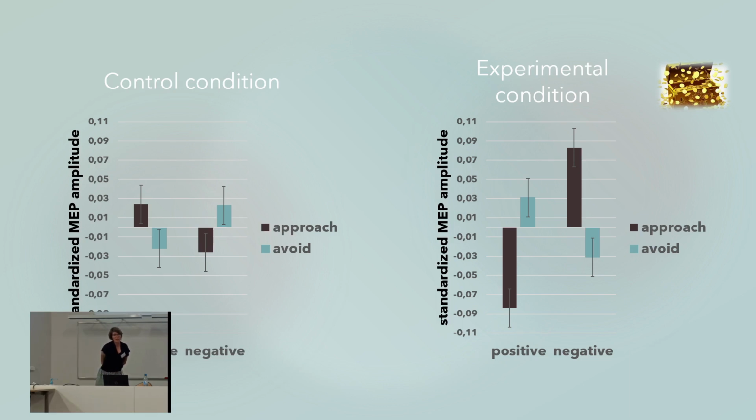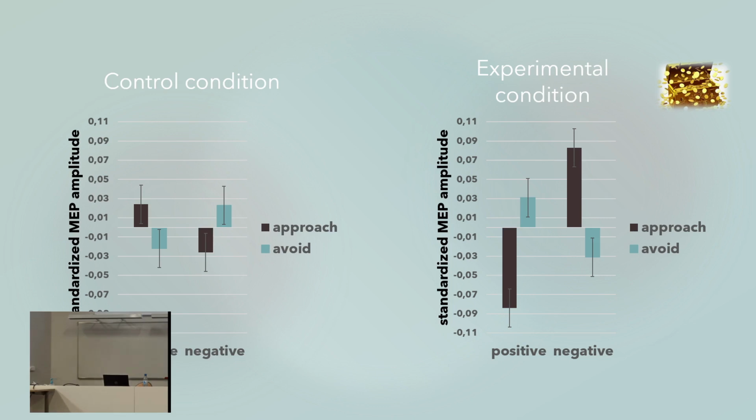And then what did we find? Here you have to look at the positive bars. These are standardized scores of the motor evoked potentials. If the bars are positive, it means that this action tendency is activated. So what we see in the control condition is that with positive stimuli, they have a stronger tendency to approach, and with negative stimuli, a stronger tendency to avoid.